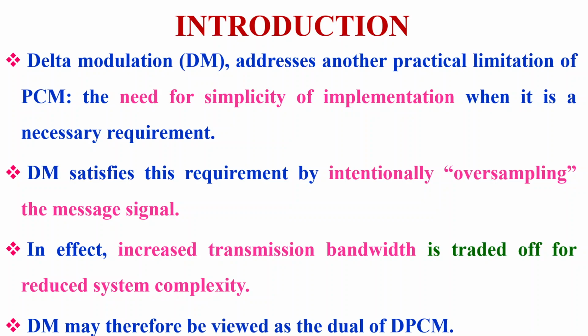Coming to differential pulse code modulation, the difference between two samples, which is very low in amplitude, that difference we will code and transmit. Coming to delta modulation, here we will approximate the incoming input signal by a step staircase signal.